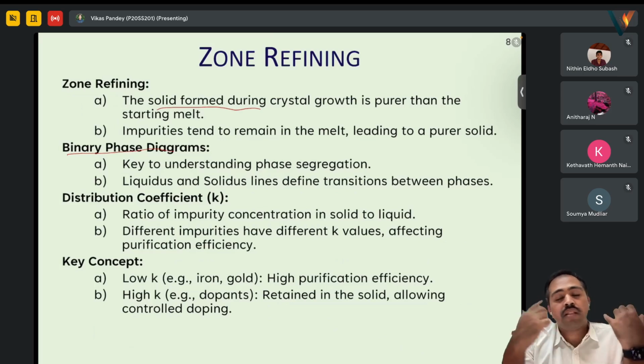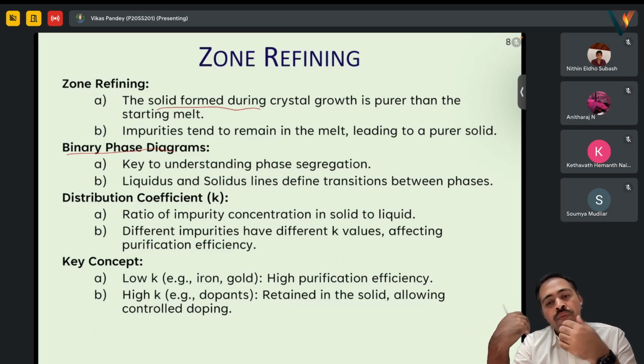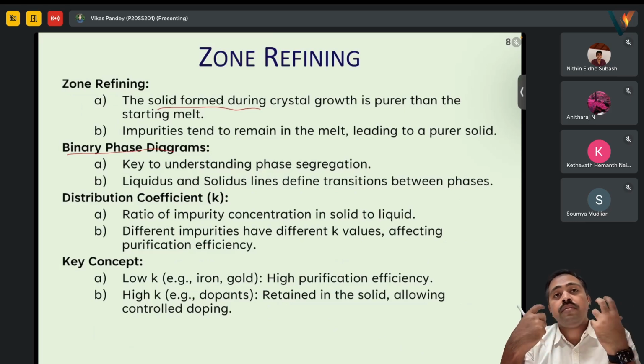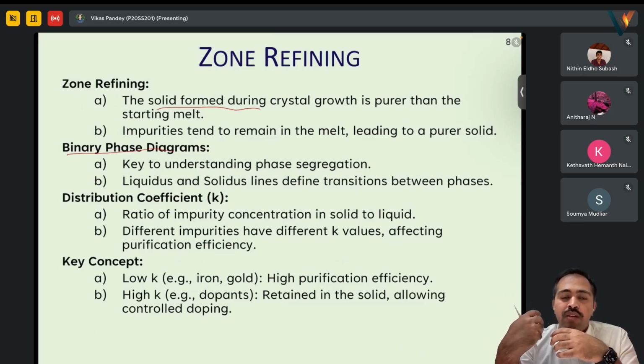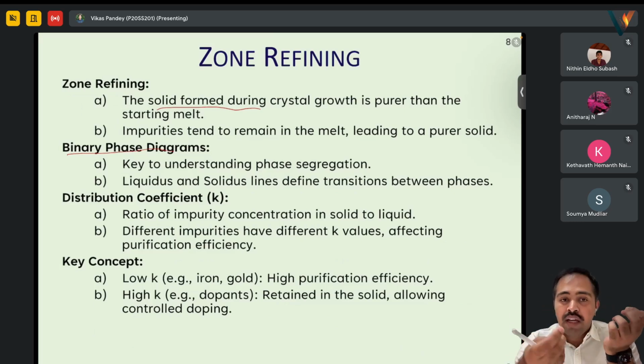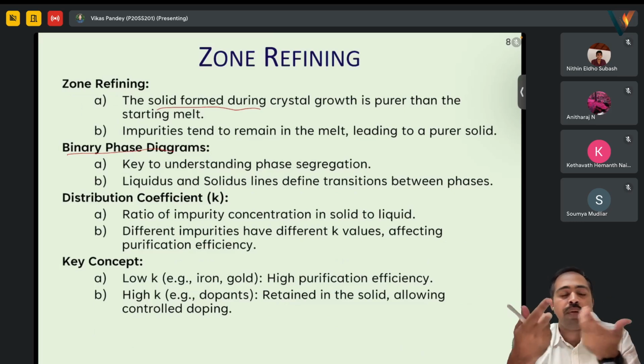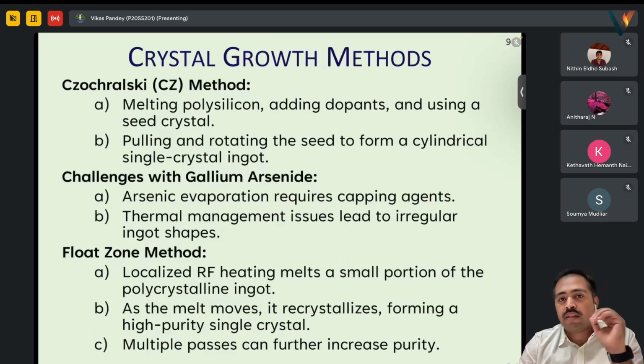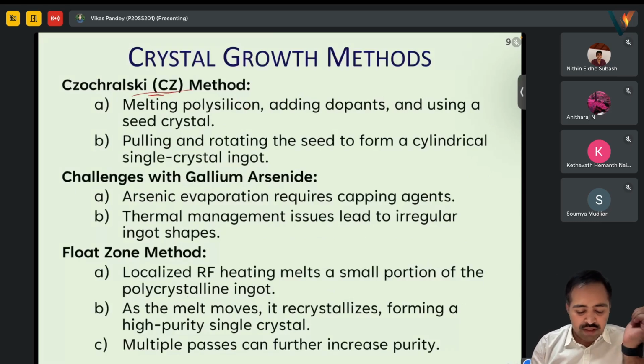Low K means they are easy to remove; high K means they are difficult to remove, like the dopants. That is why, when we are cleaning, the dopants do not come out easily, although they are also an impurity. Doping itself means impurity.